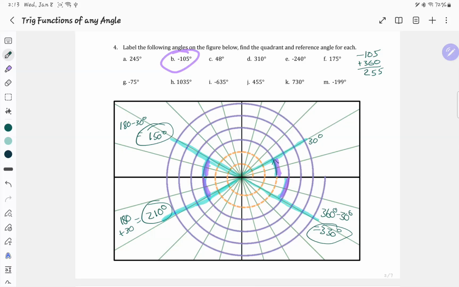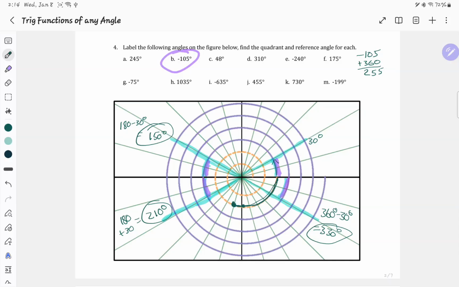But it'd be better if we could just figure out where that negative is going to take us. So for negative 105, we go in the negative direction. Negative 90 would take us right here, to this bottom part, and then an extra 15 degrees. So negative 105 would end right here.